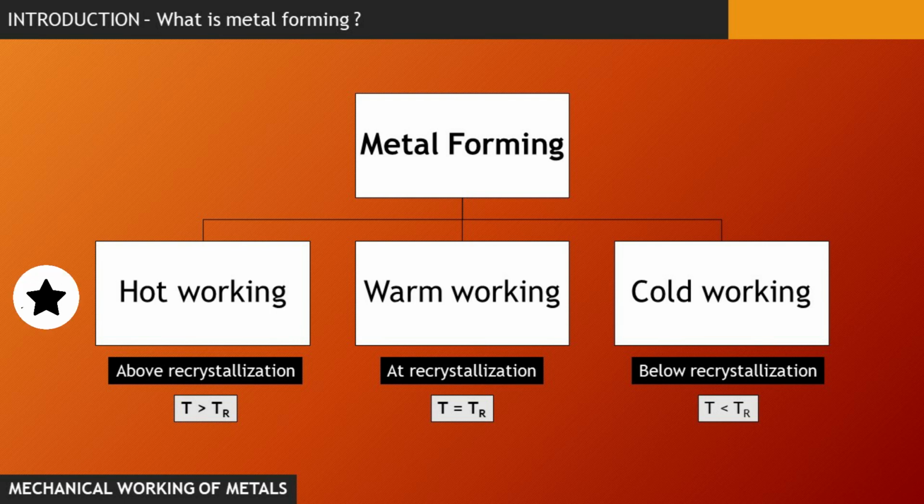The hot working process is considered when the temperature of operation is higher than the recrystallization temperature of the material, and when the temperature of operation is equal to the recrystallization temperature, which is given by T suffix R, then we regard the metal forming process as warm working. And if the temperature is lower than the recrystallization temperature, then we regard that particular metal forming process as cold working.